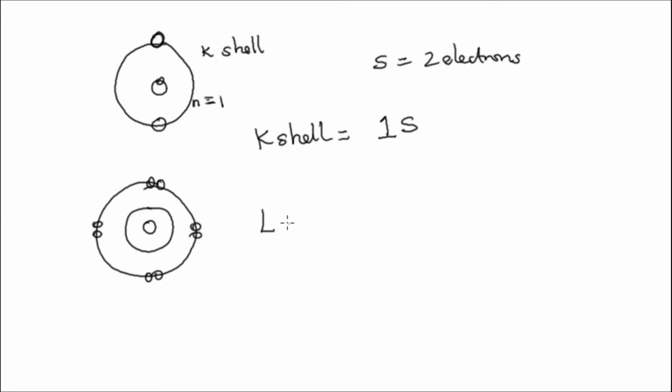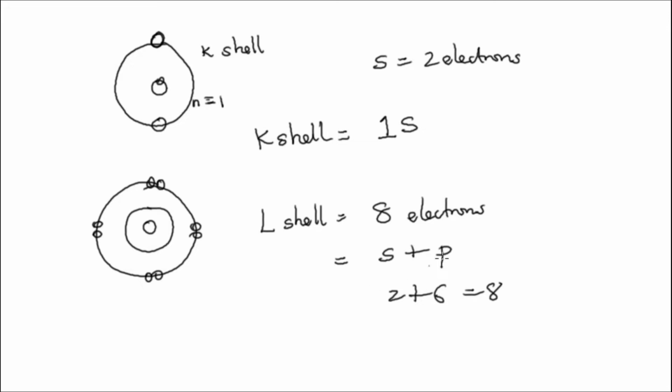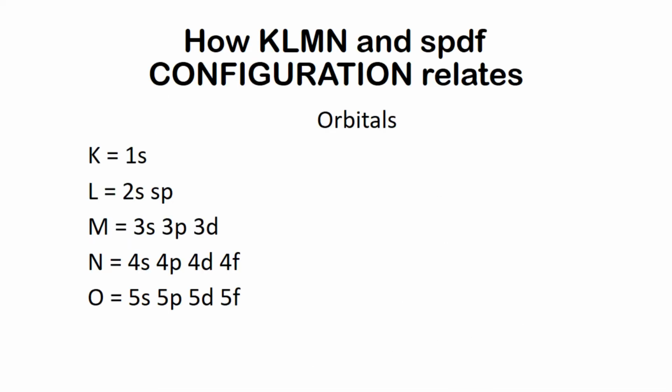That's a combination of s and p, and s is 2 and p is 6, so that gives 8. It means at the L energy level, which is 2, you have 2s, 2p, and it goes on like that. For K is 1s, for L is 2s, 2p, for M is 3s, 3p, 3d, and so on.